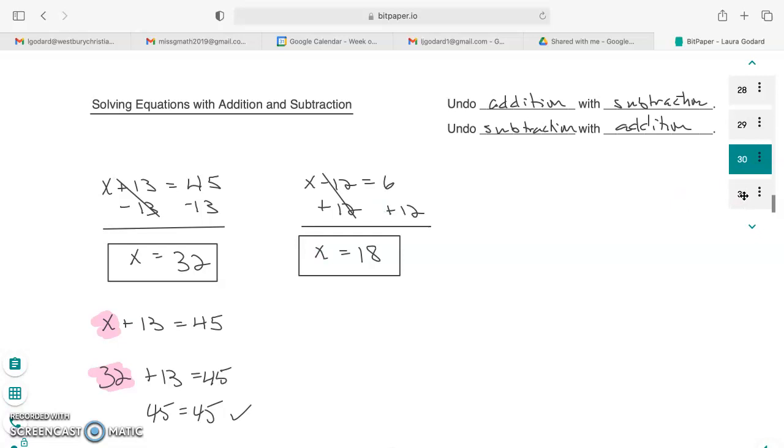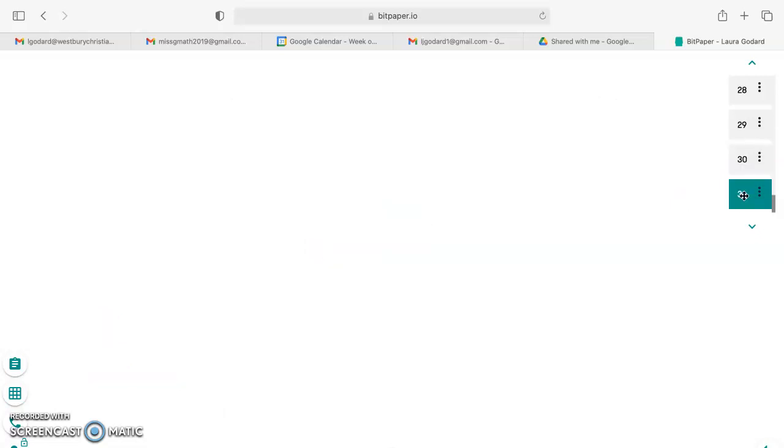Sometimes people get a little confused when the equations are written in an odd way. So here's an example, 14 plus c equals negative 5. Before we were adding or subtracting what was over here, but we actually want to leave the c, so what we have to do is deal with this 14. There's two ways you can do it. First of all, addition can be done in any order.